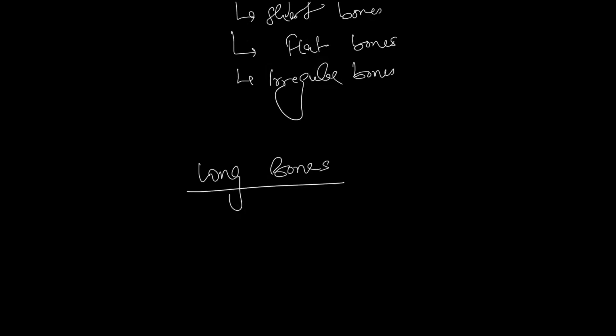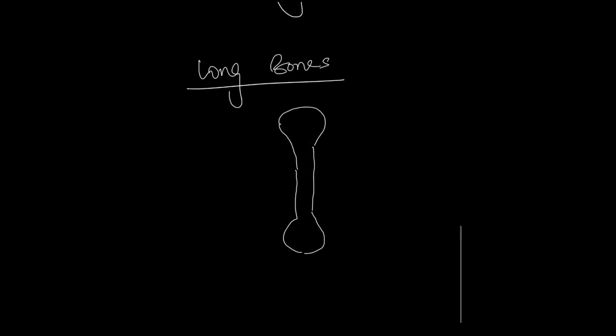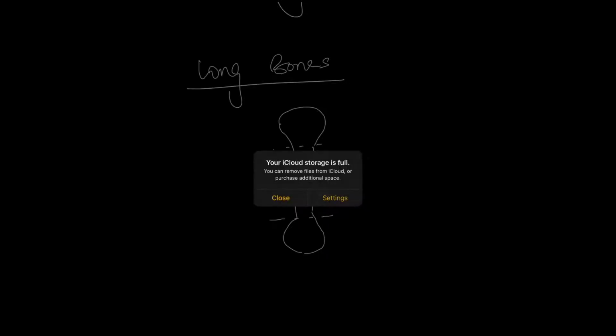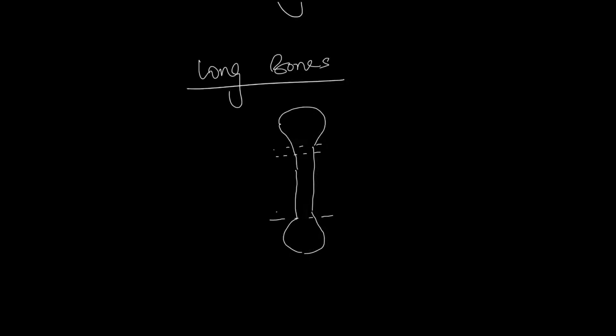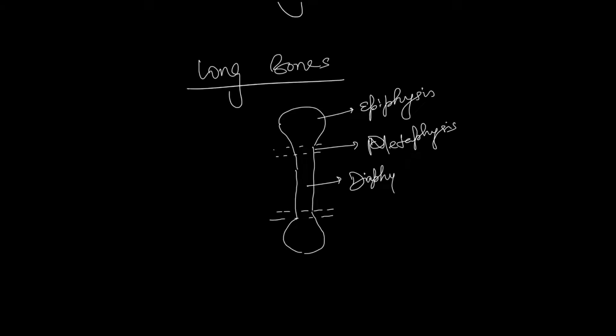Let me first tell you the structure of long bones. I'm not that good with the drawing, so we'll divide the bones into some parts. This is epiphysis, this is metaphysis, and this is diaphysis.